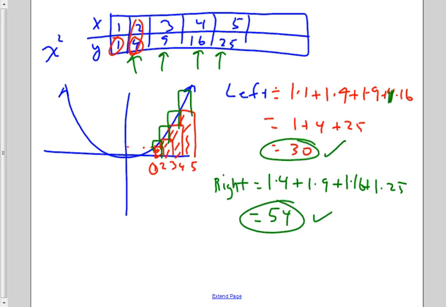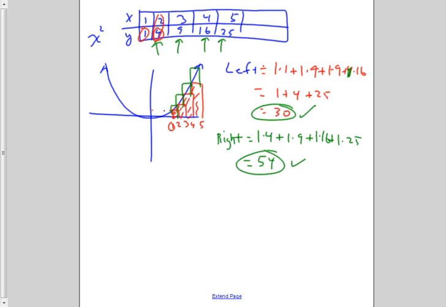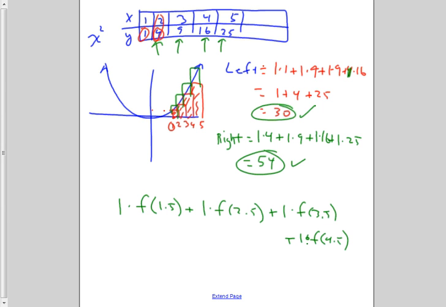What about if I wanted to do a midpoint? Well, if I wanted to do a midpoint, I'd have to calculate all the y values that were at the midpoint. So I would have to do 1 times f of 1.5 plus 1 times f of 2.5 plus 1 times f of 3.5 plus 1 times f of 4.5.